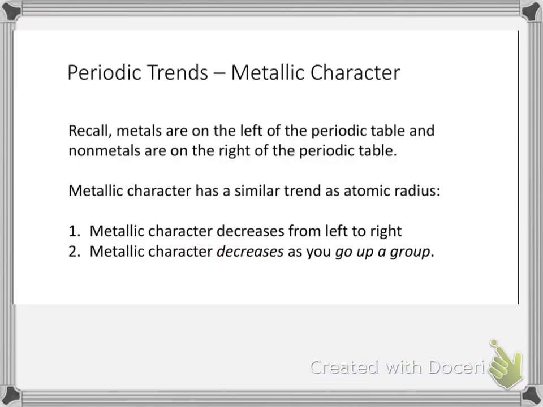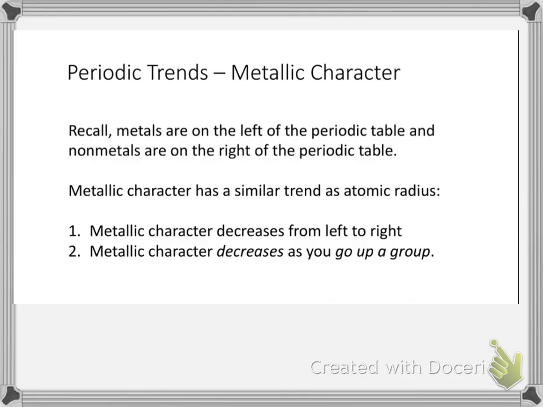So the trend in metallic character, it says, recall, metals are on the left and nonmetals are on the right. So as you go across from left to right, they're going to become less metallic. And as you go up a group, they're going to become less metallic.